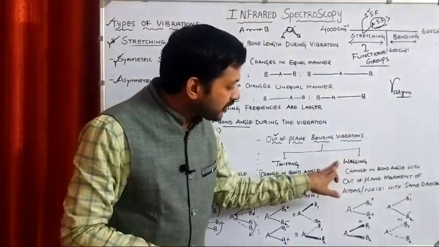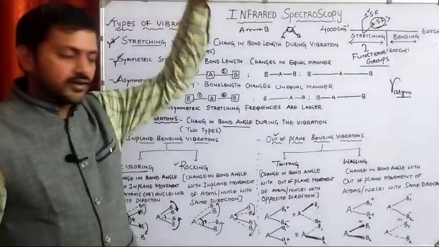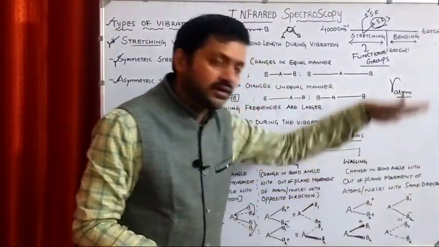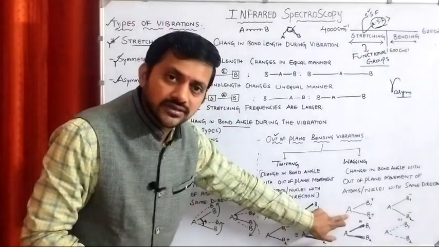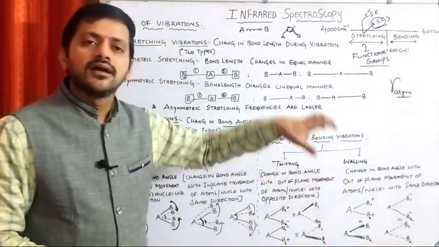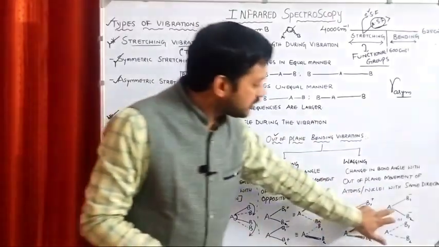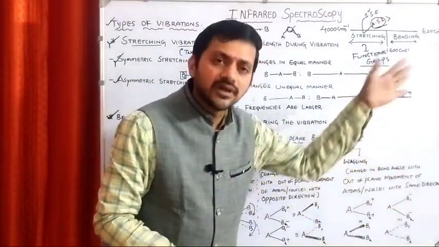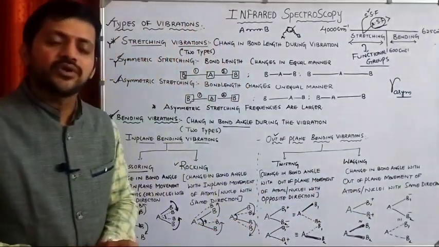In case of wagging, both the atoms are above the plane, or both the atoms are below the plane. The bond angle changes by the movement of atoms above the plane, and here by the movement of atoms below the plane. Such type of vibrations are commonly called wagging.